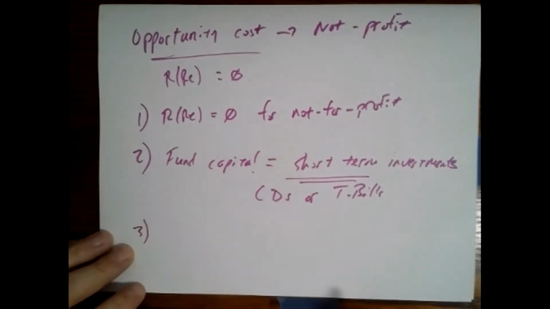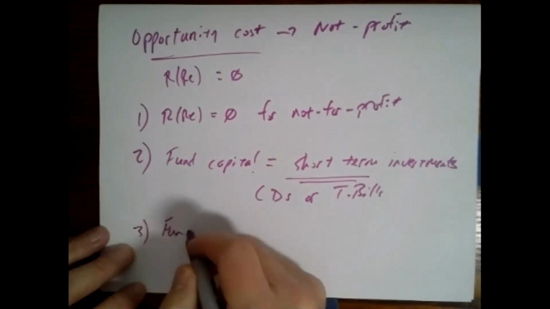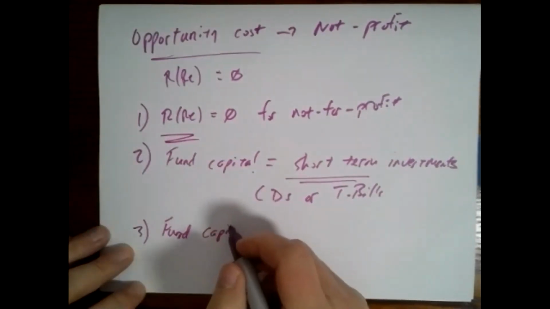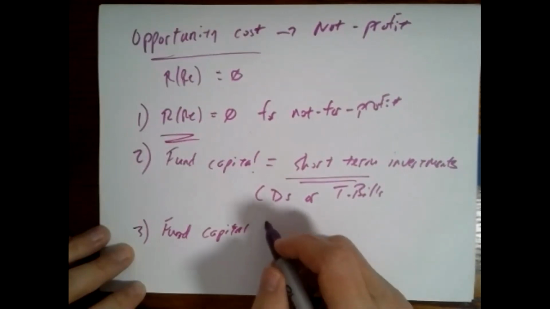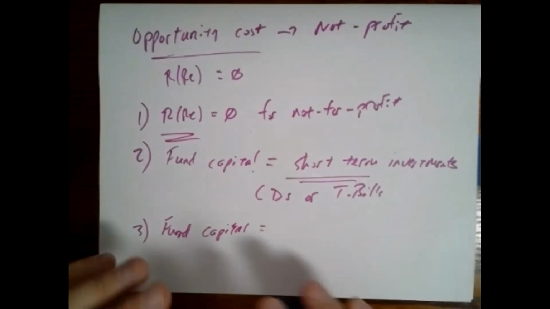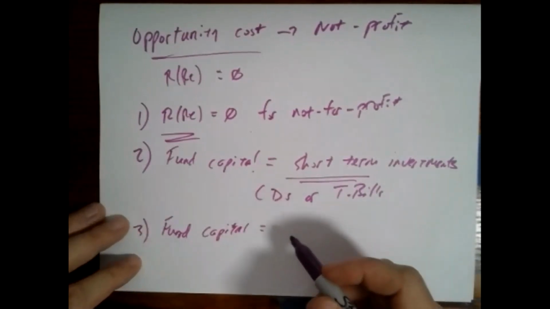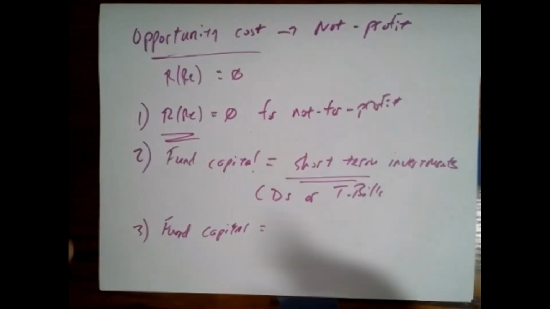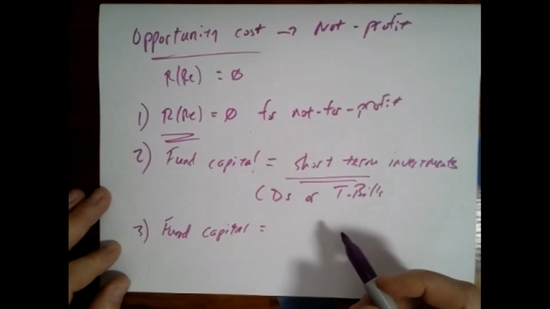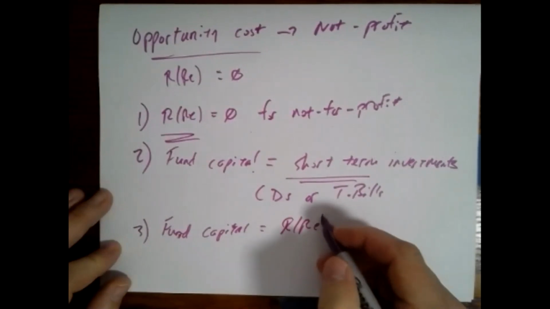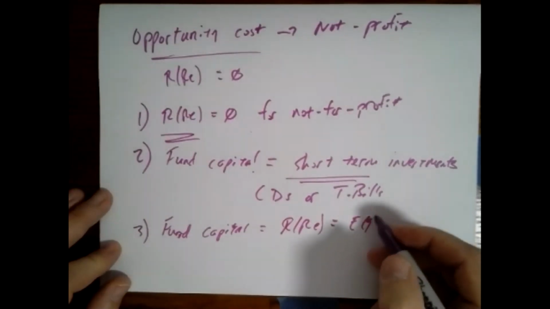A third kind of approach would be to say, well, fund capital is broadly the equity stake in the not-for-profit. So its required rate of return on equity should be equal to its growth rate.